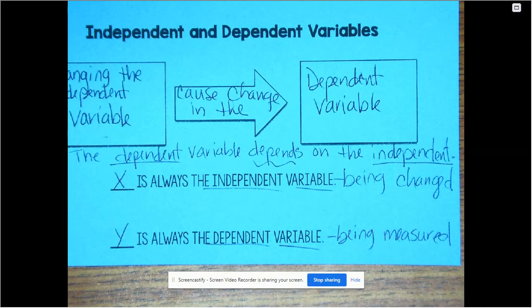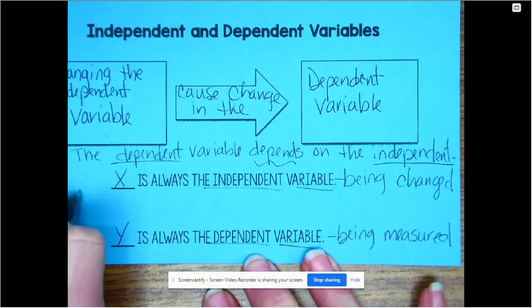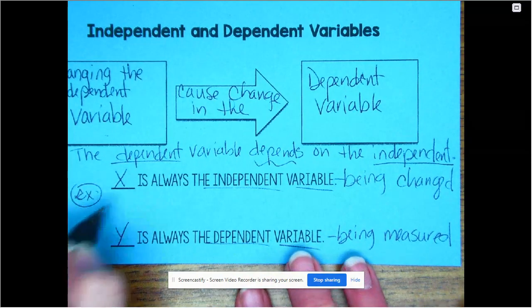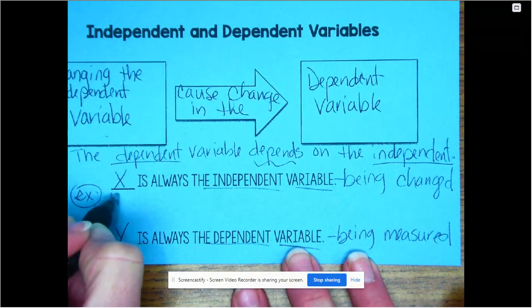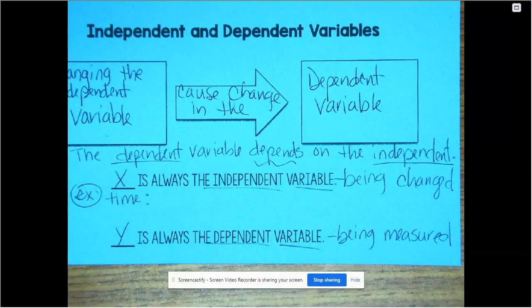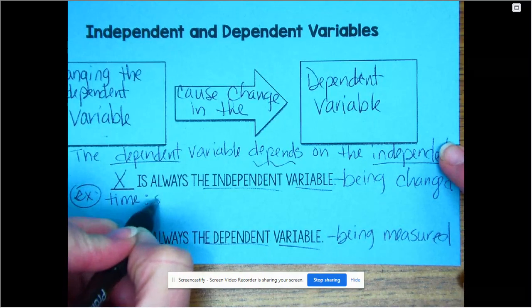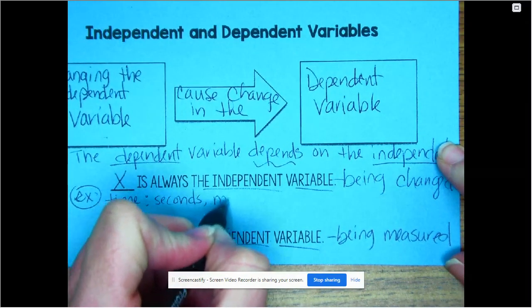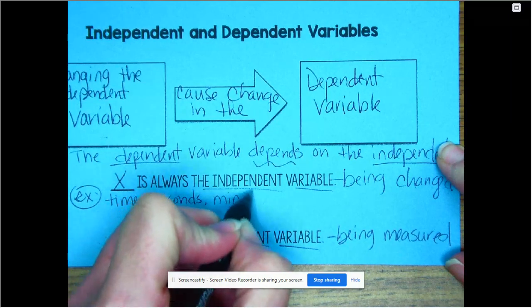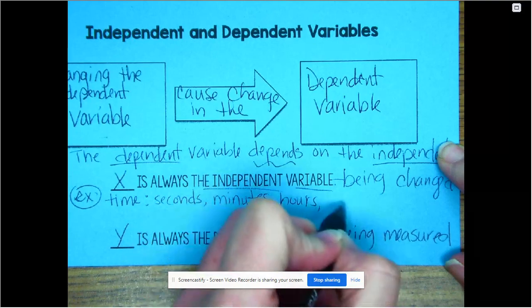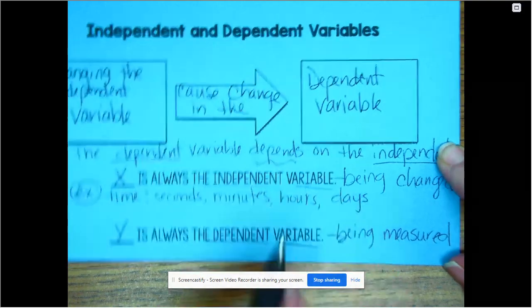Okay, so some examples of independent variable are going to be time. And it could be any kind of time, like seconds, minutes, hours, days, years, and so forth.